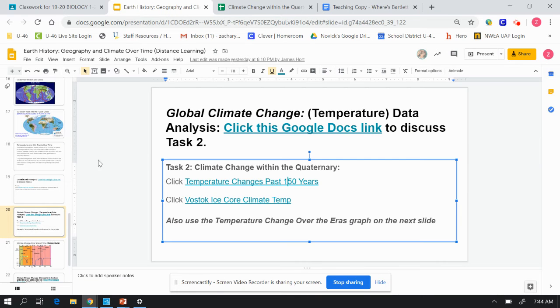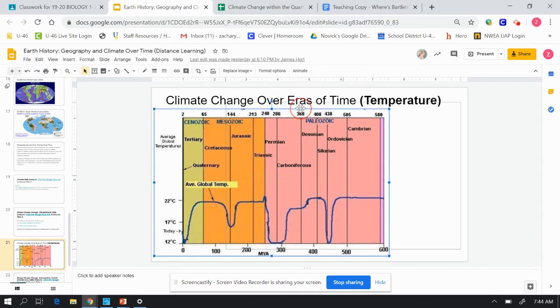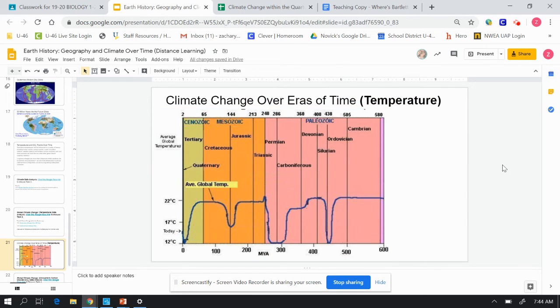Another piece of data that you're going to want for this one is slide 21. Here's something called climate change over the eras. Again, noticing what's on the y-axis, average global temperatures, what's on the x-axis is millions of years ago, and here are some periods in Earth's history that by now you're at least kind of familiar with the terms of.